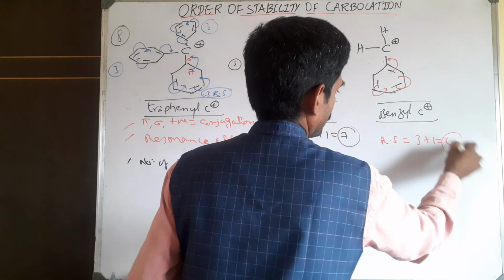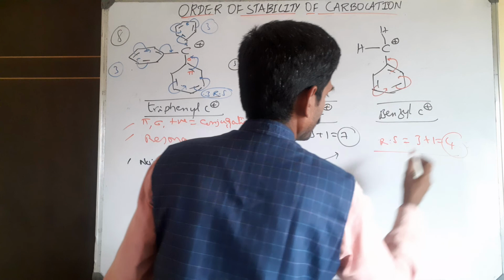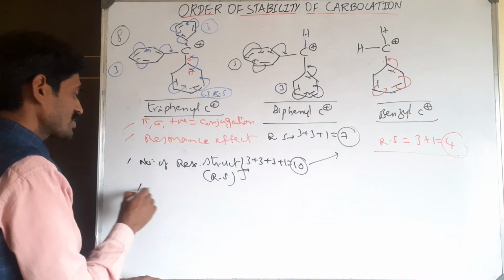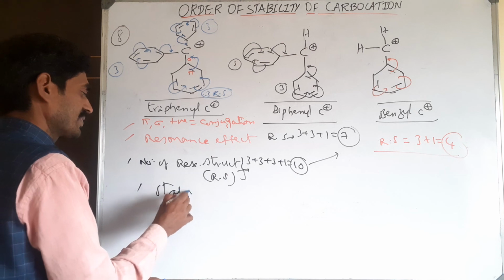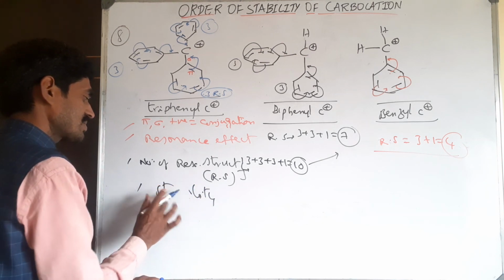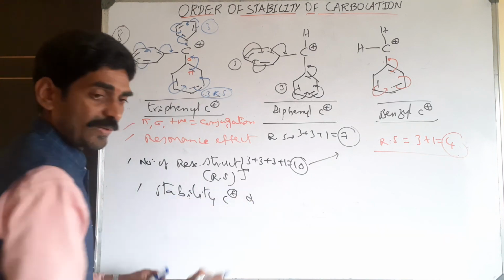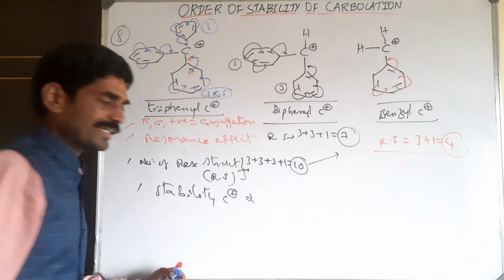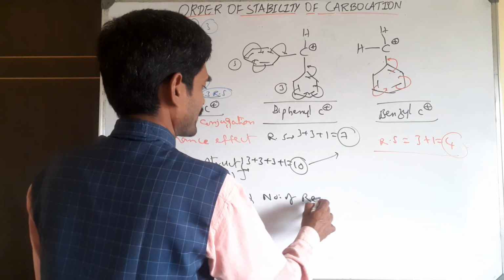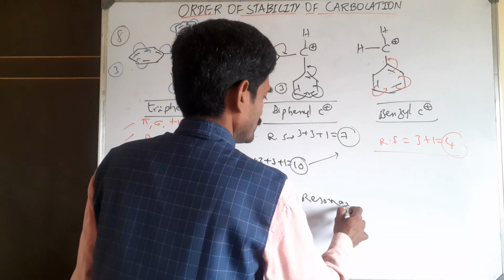So the concept behind this, to keep in our mind, is that the stability of a carbocation is directly proportional to the number of resonance structures.